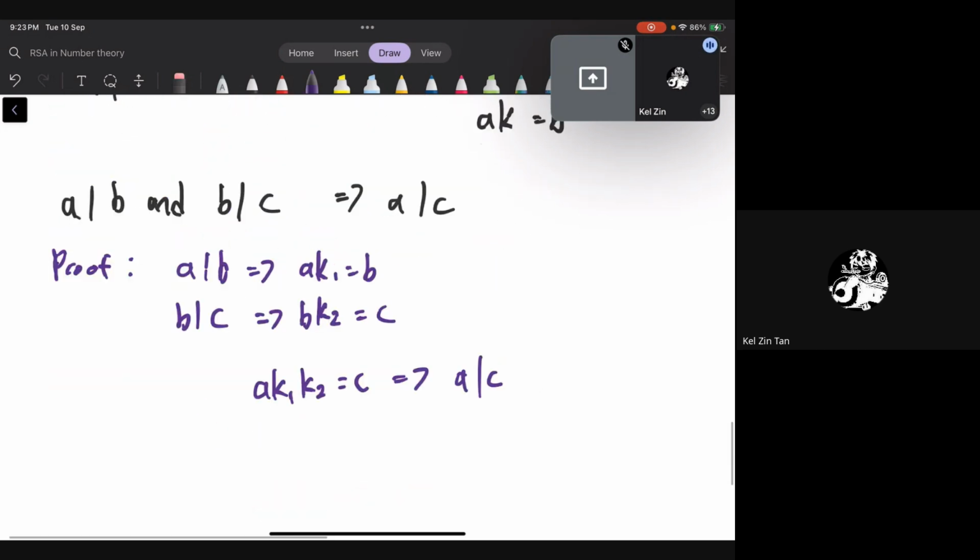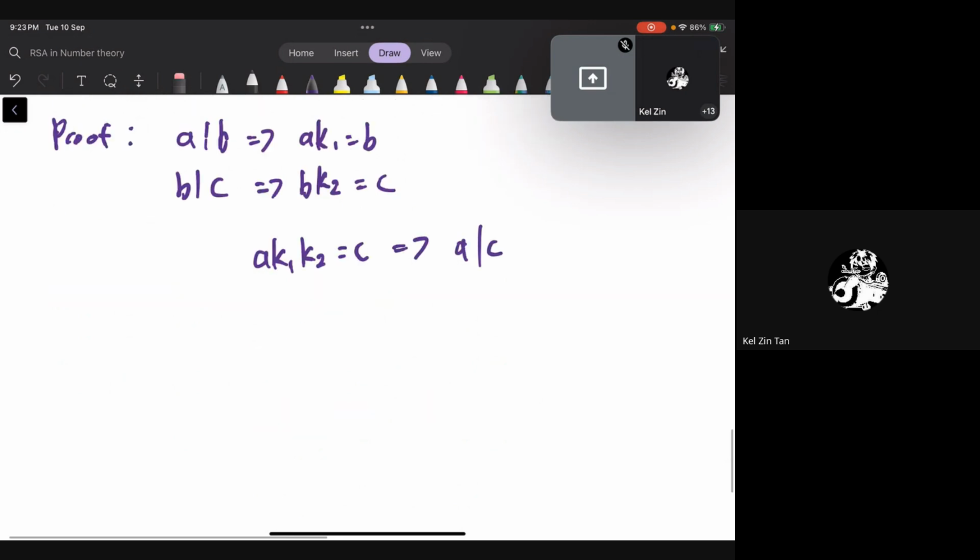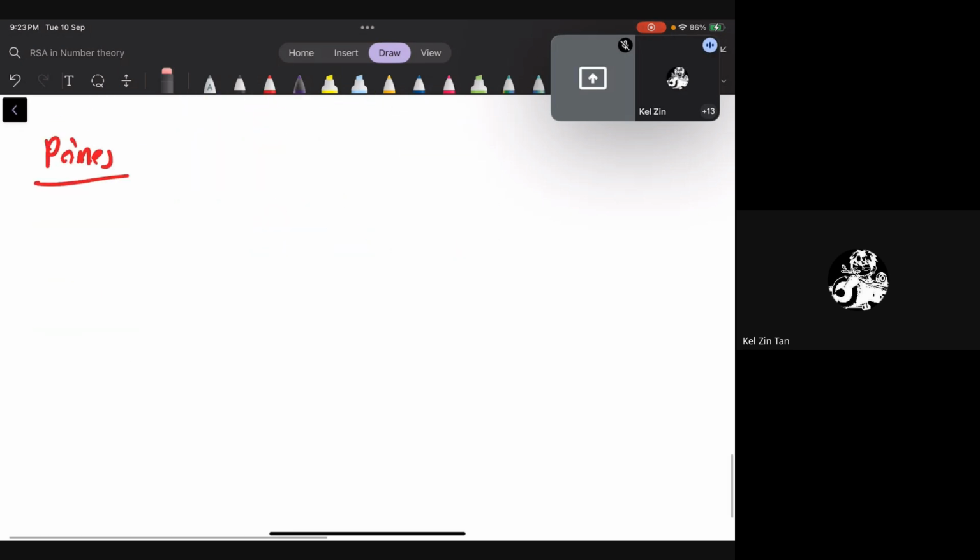Now let's talk about primes. What's the definition of prime? There are a lot of ways to define a prime, but the most common way is this: if you want to write a prime as a product of two numbers, then one of them must be 1.